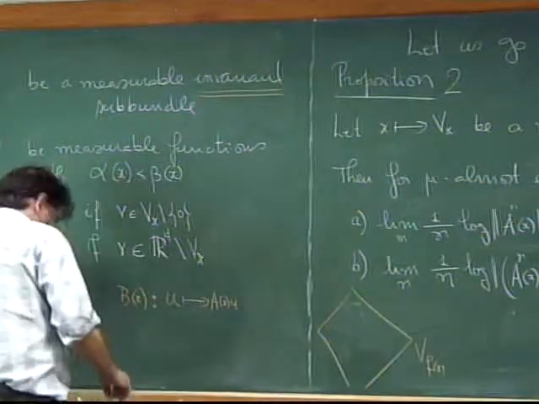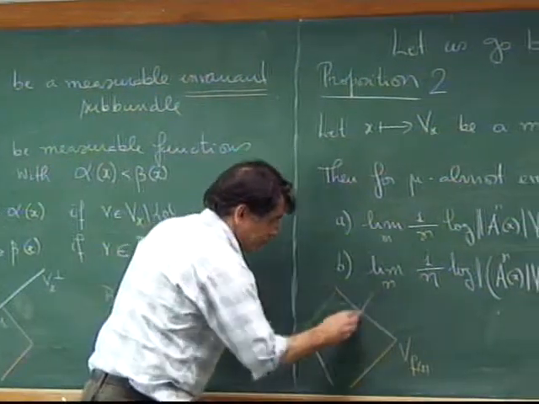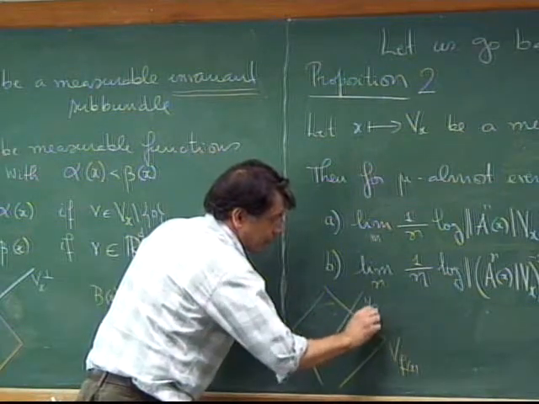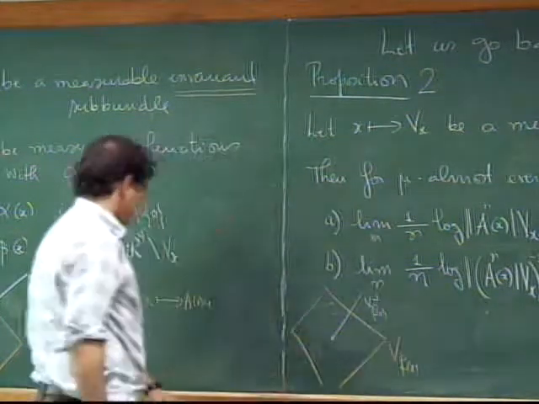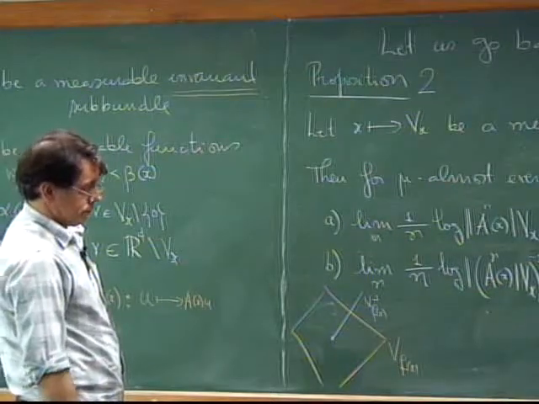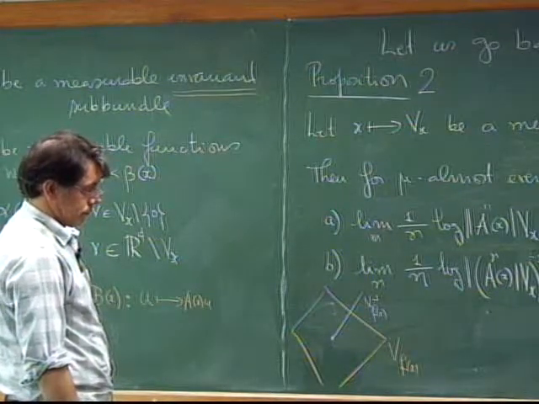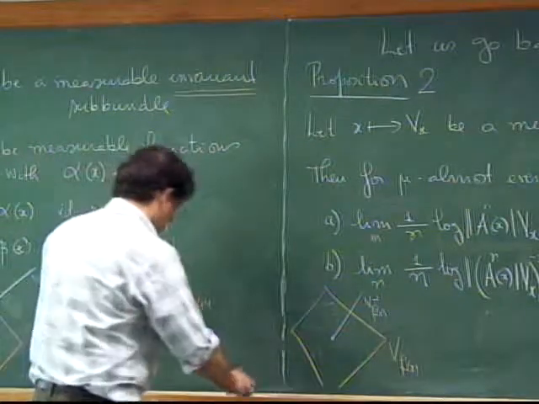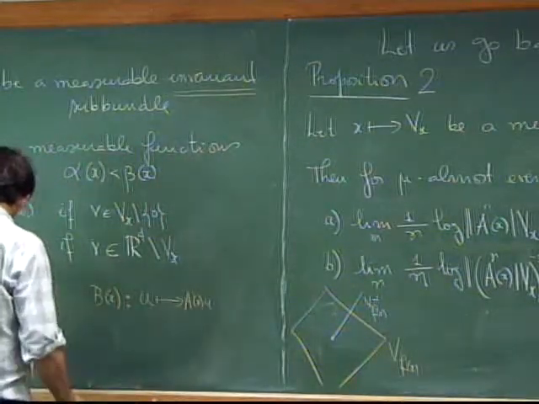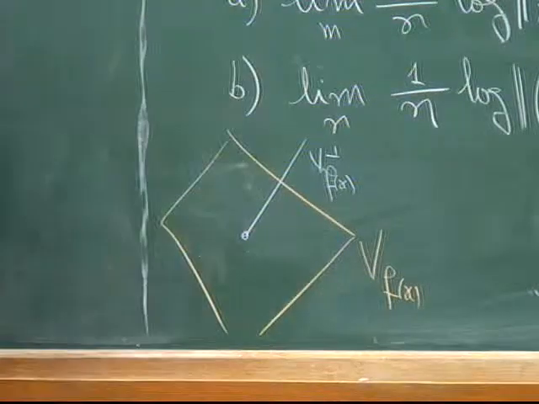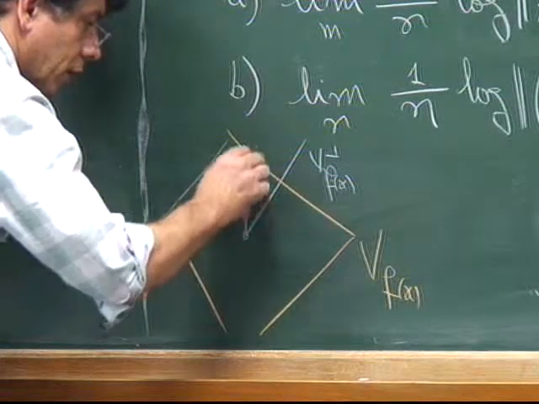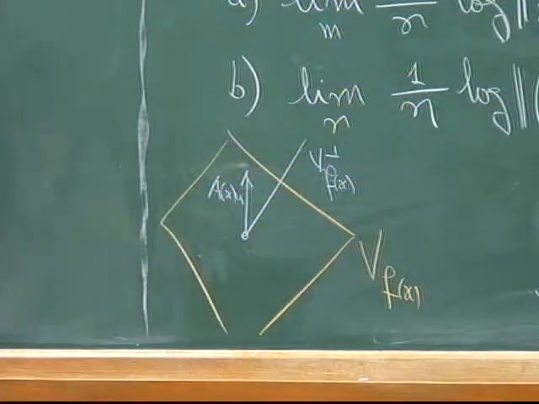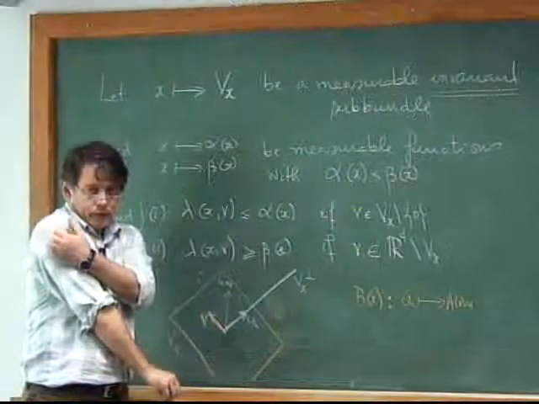But you see the image is not necessarily in Vf of x orthogonal. The image of my vector u usually is outside the orthogonal, because the orthogonal is not invariant.